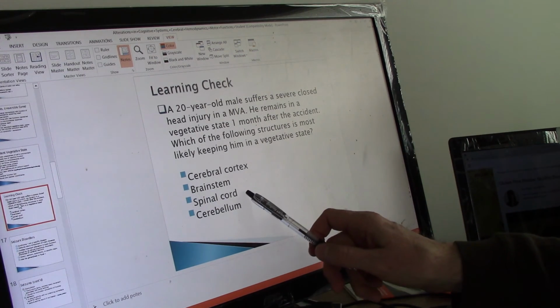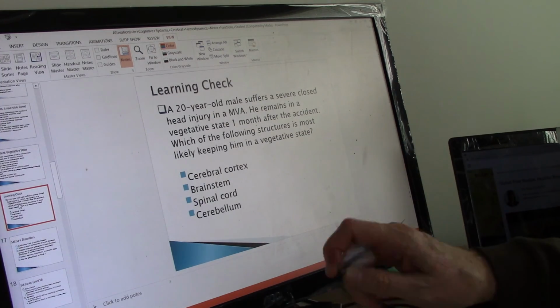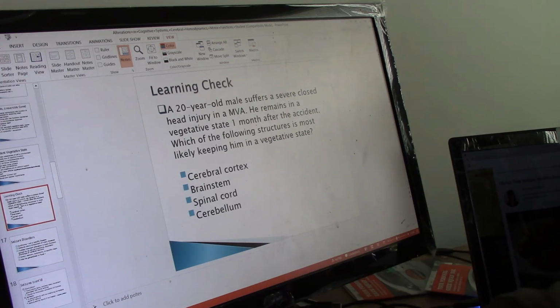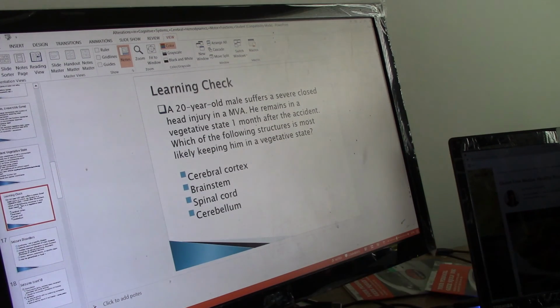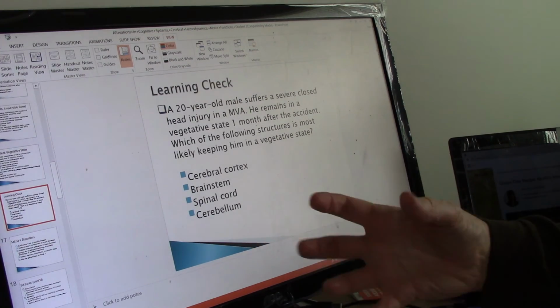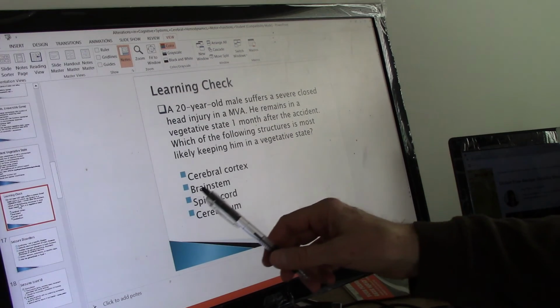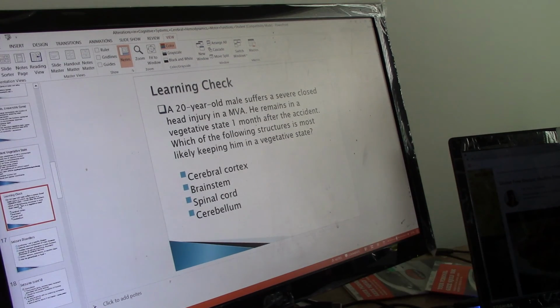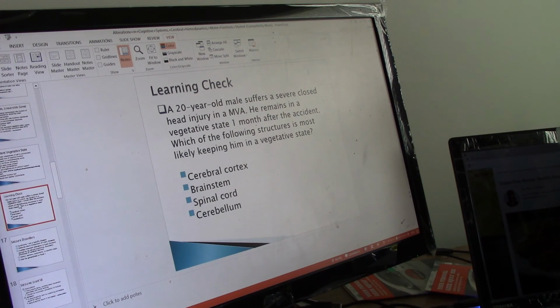The spinal cord, of course, is lower down. It's important, but it controls lower level functioning. The cerebellum, again, very important, but that's in the back of the brain, and that controls gait and integration of messaging. So the answer is probably brainstem, because that's where you have those autonomic functions of control of respiration, control of heart rate, and so forth.